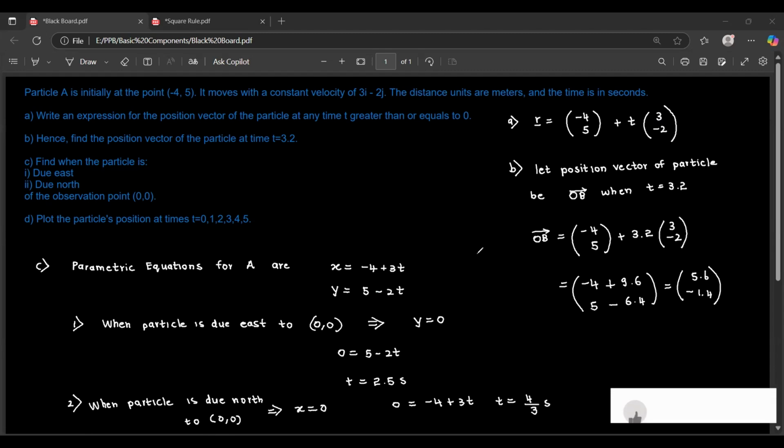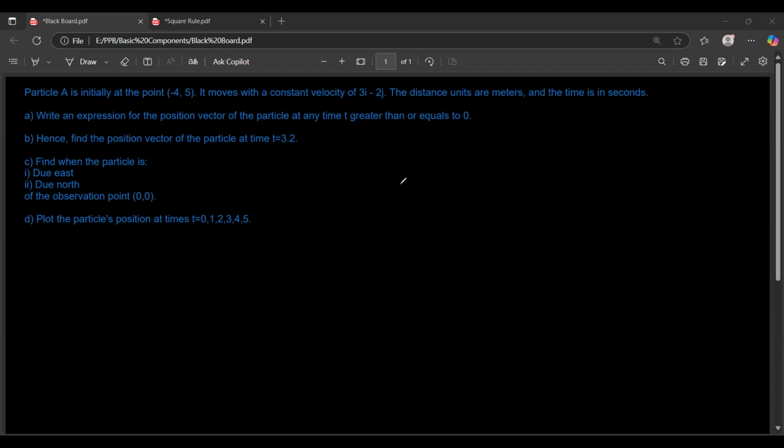Now they are asking to plot the particle's position at times t is equal to 0, 1, 2, 3, 4, 5, etc. So let's first of all find the values.